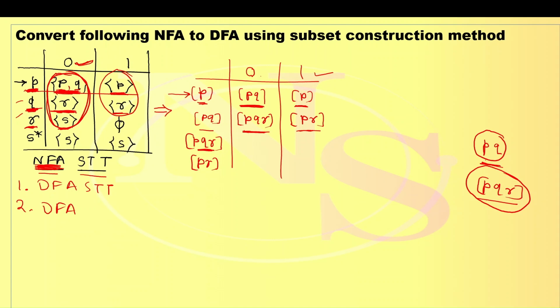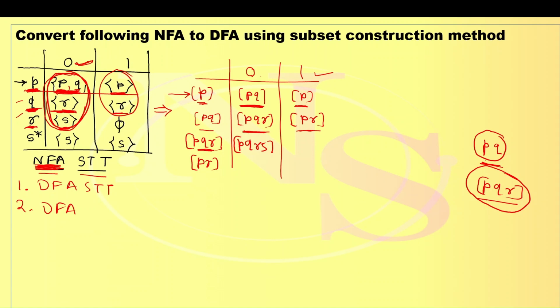These are the values that you need to consider on reading 0 from PQR. So what are these values? P comma Q comma R comma S. So PQRS. I am writing here PQRS. If you are wondering why, by the non-deterministic property, P, Q and R are different states, I have combined them. It should go to only one state, so I'm combining all these states of the zero transition: PQRS.